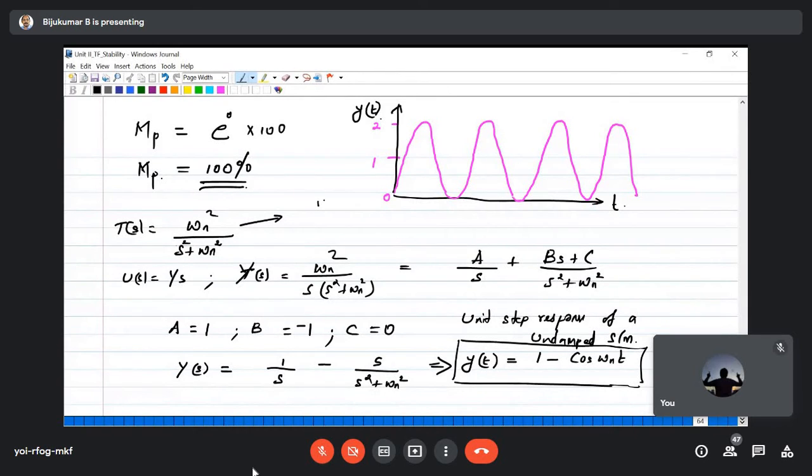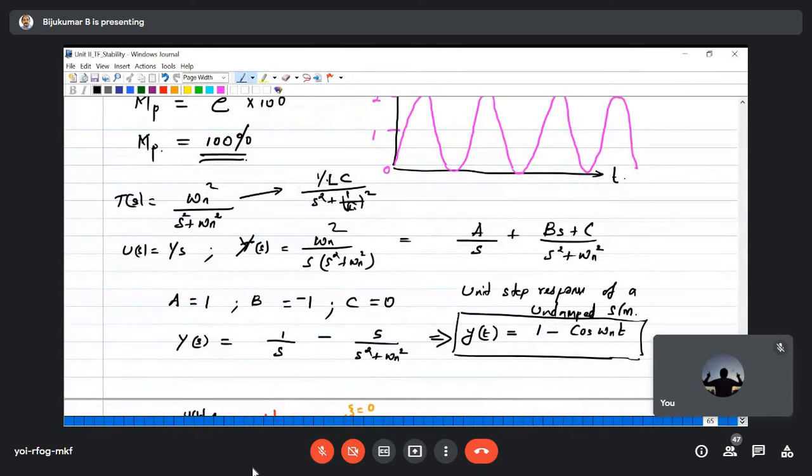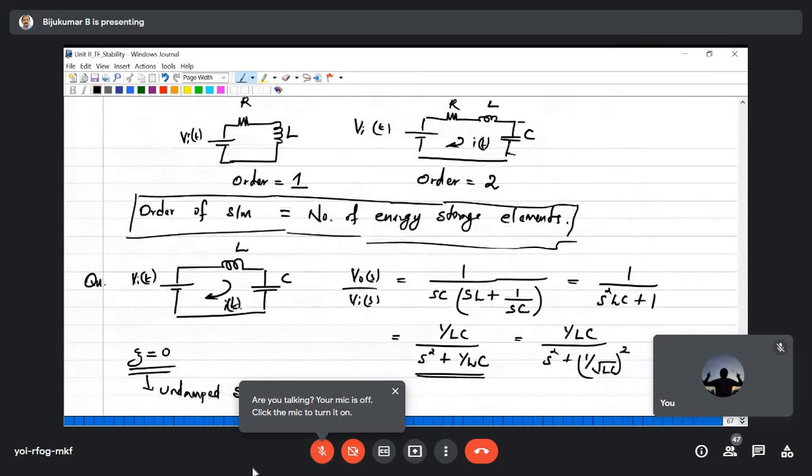And for an LC circuit, you got the transfer function as 1 by LC divided by S square plus 1 by root LC the whole square. Correct? So if you compare both, what is the omega n?